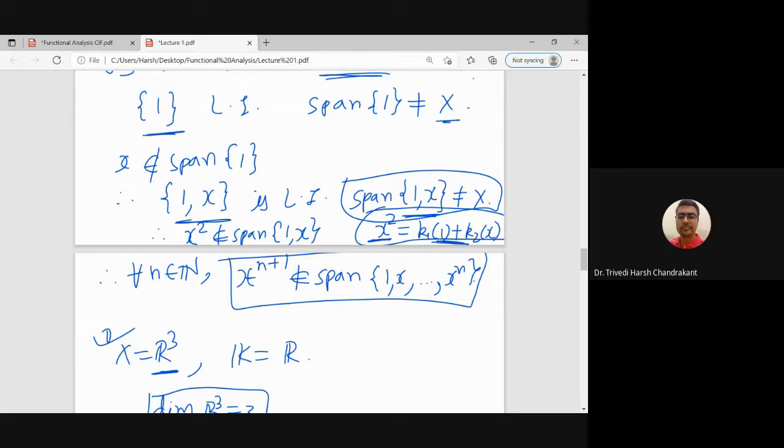Because up to 2 elements we already proved, and for n elements we will get this. So now this says what? This says that for every n, this set will not span the whole space. So therefore the dimension is infinite.